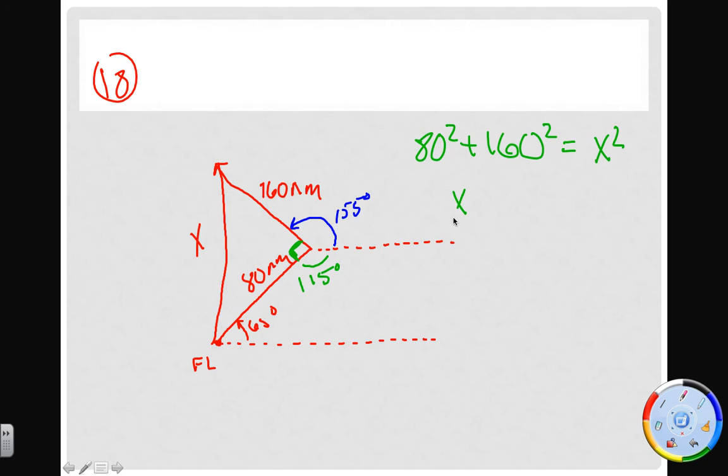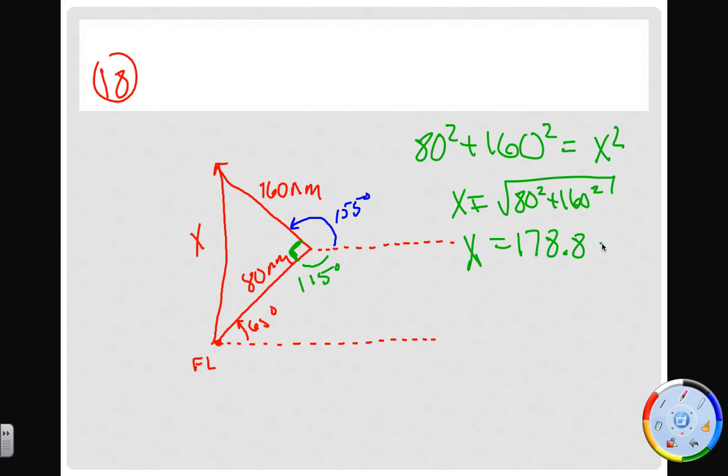So x is equal to the square root of 80 squared plus 160 squared. Easy calculation on your calculator there. If we do that real quick, 80 squared plus 160 squared is 178.885 nautical miles.